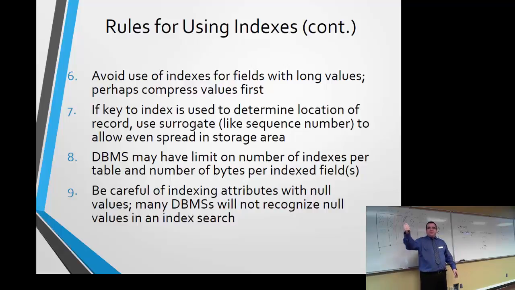Well, it says Postgres uses sequences for its primary keys anyways. It kills two birds with one stone. Some servers have limits of how many indexes you can create per table, and literally how much space each given index can be. So you have to be careful. Otherwise, you might shoot yourself in the foot.